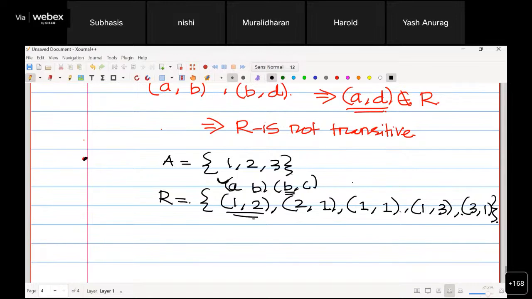Here my B is 2, so I need to consider all the tuples that start with 2. So I have (1, 2) and (2, 1).